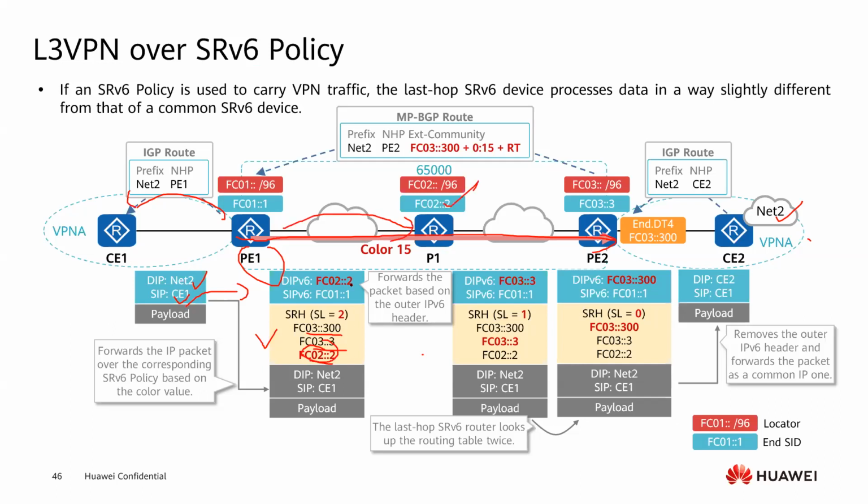Then P1 receives this, processes the SRH header and sends to FC::3, which will be these devices. And then PE2, based on this segment, which is a DT4 segment. This DT4 stands for a certain VPN, for example, VPN 1.